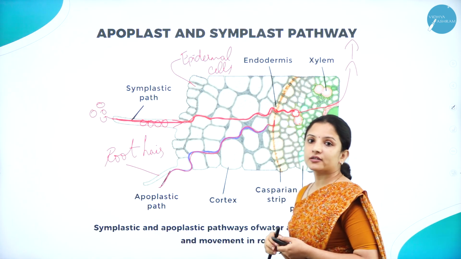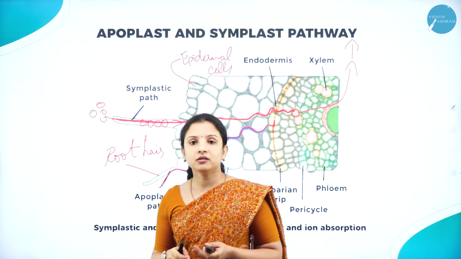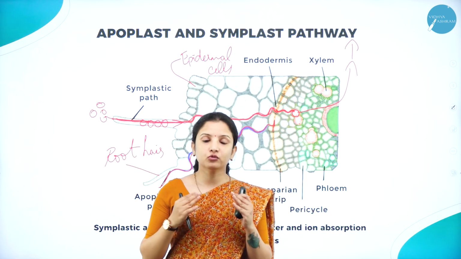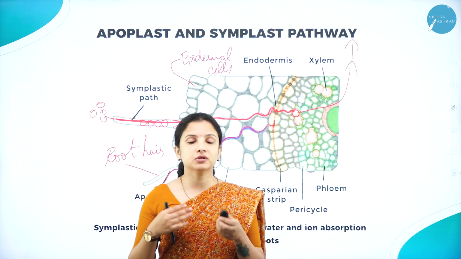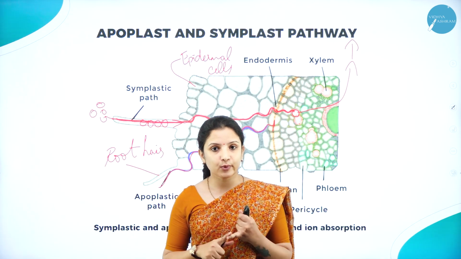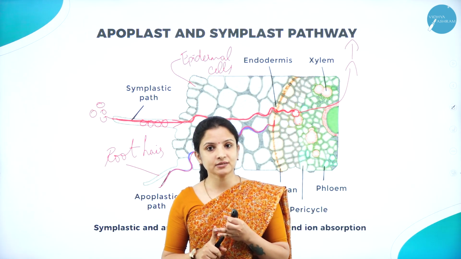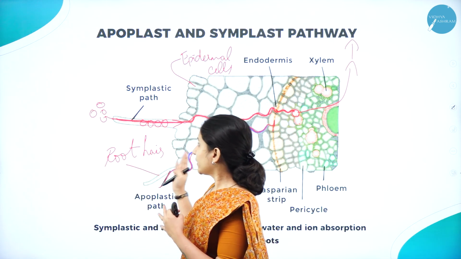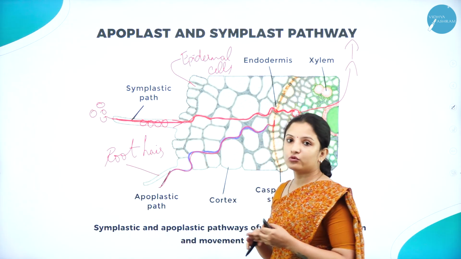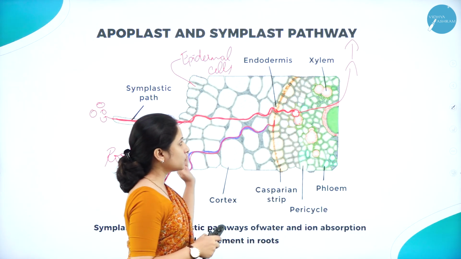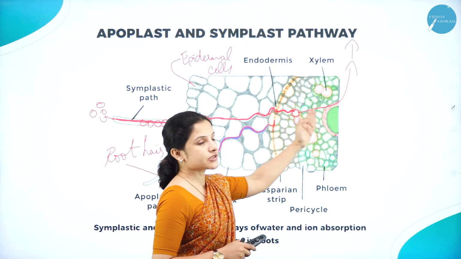I hope you understood the session well, wherein we discussed two important pathways for the movement of water molecules through different regions or cells of the root, that is the apoplast pathway and the symplast pathway. Now, the movement of water molecules has reached the xylem.